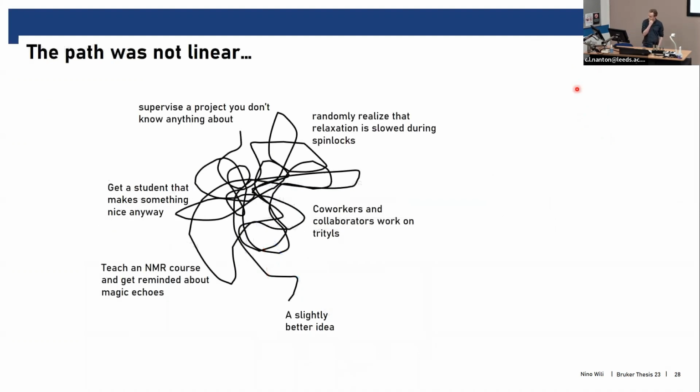What I think is very nice about this project is, if I told you I wanted to make longer distance measurements and that's why I thought about it, this was just not the case. It literally started with me supervising a project that I had absolutely no idea about at first. And this is really how it worked.